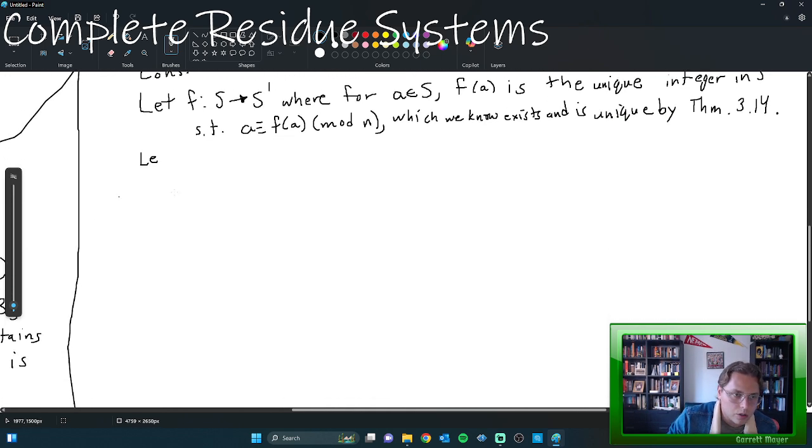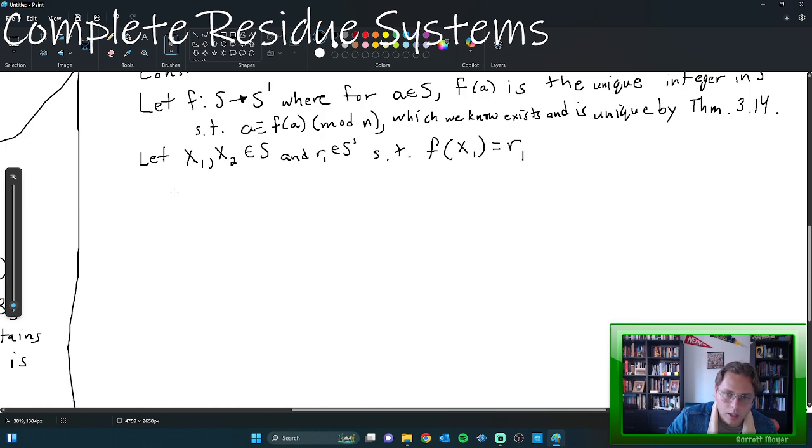So we're going to start by defining these numbers: let x1 and x2 be in S, and R1 and R2 be in S prime, such that f of x1 equals R1 and f of x2 equals R2. And if we can prove that x1 equals x2, then we've shown that the function is injective.